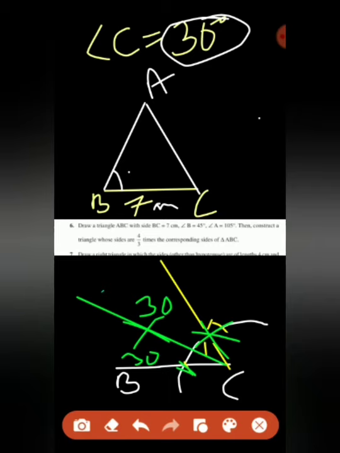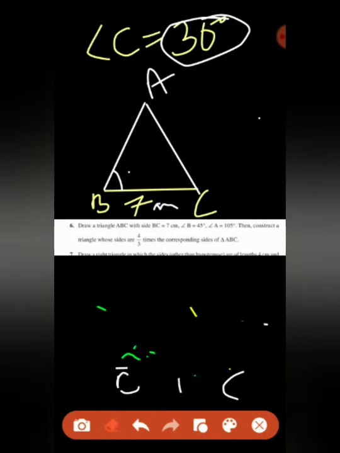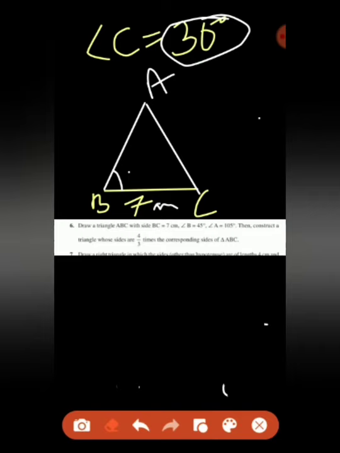After drawing this triangle, we need to construct a triangle whose sides are 4 by 3 times of this triangle ABC. To do that, let me draw the lower portion first. Okay, I'm rubbing.